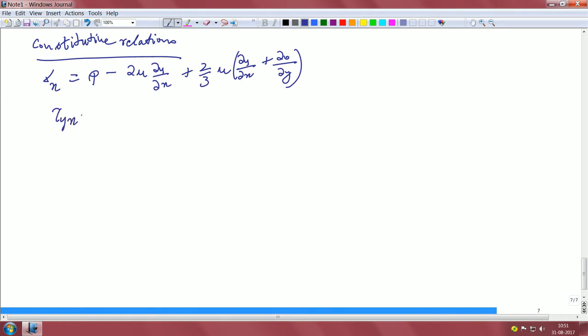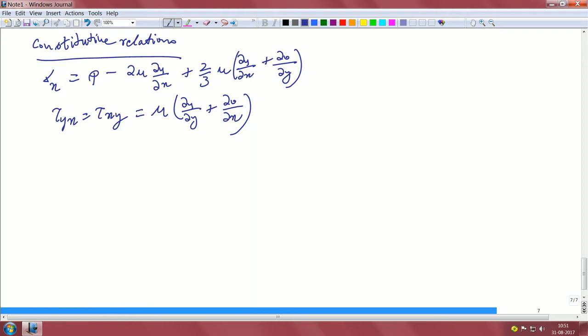Then τyx is the same as τxy, right. This is the shear stress tensor. Now, you are all perhaps familiar with tensor notation, right. So, that is a tensor. That is given by μ (∂u/∂y plus ∂v/∂x). These are the cross derivatives of the velocity: the change of u velocity in the y direction, and the change of v velocity in the x direction, that is what it is, right.